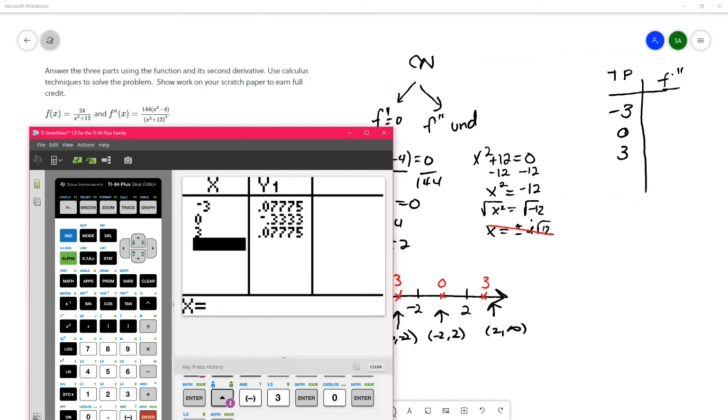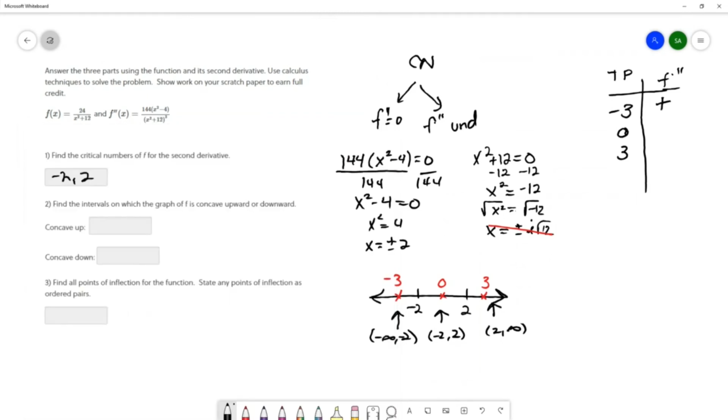And we're looking at the sign of the second derivative. So we want to decide whether we have positive or negative. So we have positive, negative, positive. So on our intervals, we have positive, negative, positive.